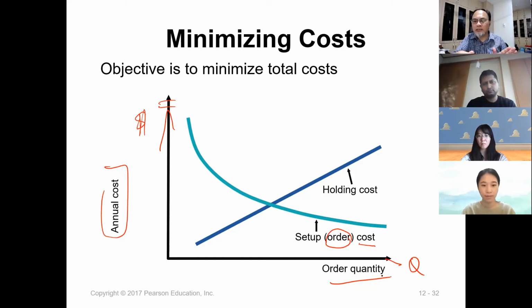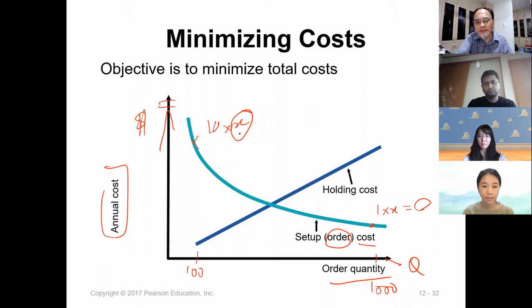For example, in a year, if you have demand of 1,000 and you order 10 times, every time you order only 100. So the cost is 10 times the ordering cost. But if you order only one time, it is only 1 times, so it is lower than this.